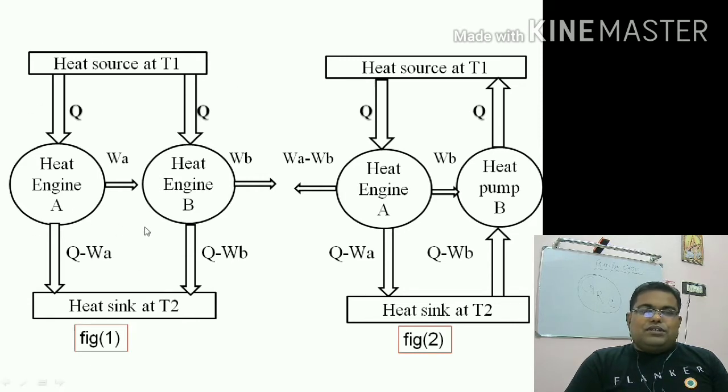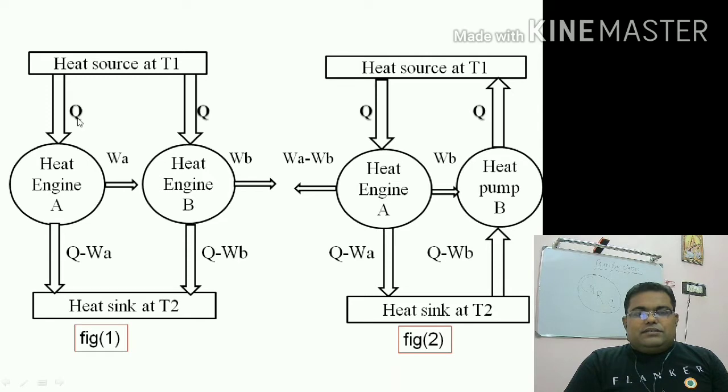So consider this case, this is the picture which is given here. There are two heat engines, heat engine A and heat engine B. Assume that heat engine A is an ordinary heat engine and heat engine B is a reversible heat engine, right? Both are operating between the same constant temperature heat source T1 and heat sink T2.